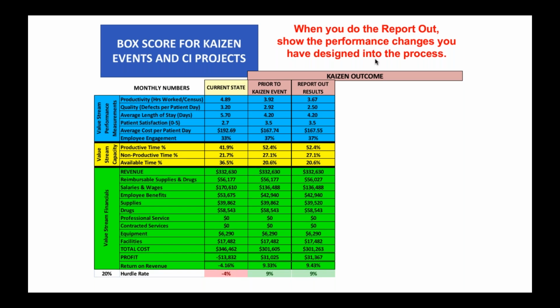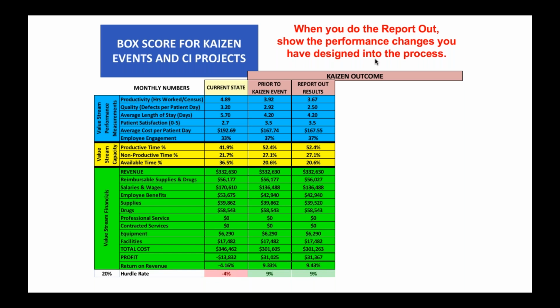When you can use the box score, people understand the numbers and they understand the movement of the numbers. And so it's a very simple way to explain the impact of the event. So in this case, they pretty much hit their targets, and that's what they think is going to happen.